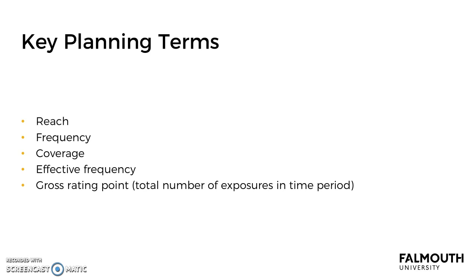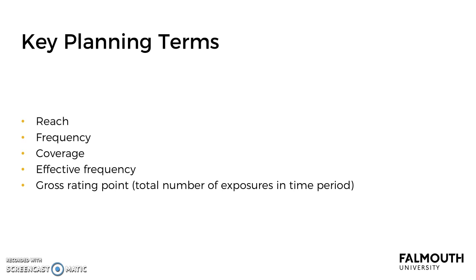Coverage. What geographic area is being covered by your campaign? It may be a local campaign, focused on just one part of the country. So this has to be reflected in your media choices and your budget. The effective frequency is the minimum times a communication must be exposed to a viewer to positively impact on that consumer's buying behaviour.